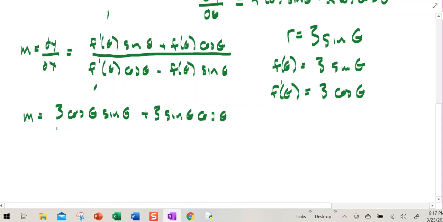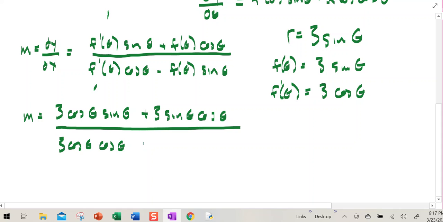And then that is being divided by f prime of theta, which is 3 cosine of theta, times cosine of theta, minus f of theta, which is 3 sine of theta, times sine of theta.